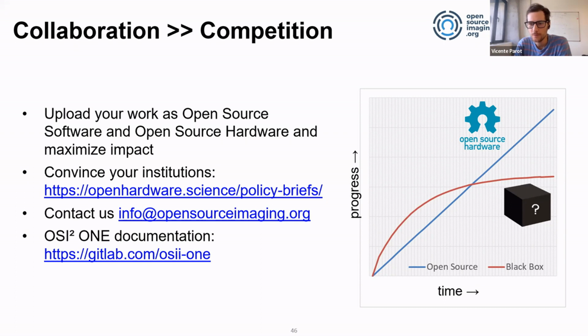So I understood from your talk that you proposed this model of open source hardware MRI system as something that will be useful clinically for patients, for example.